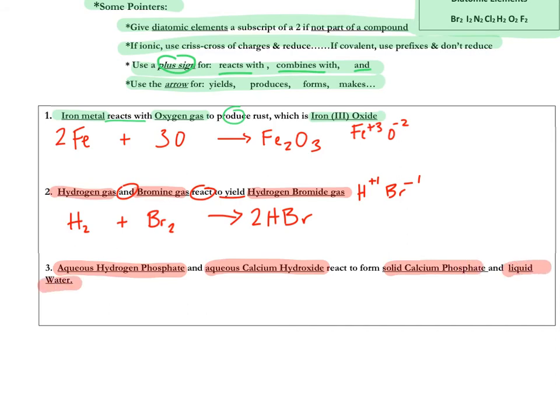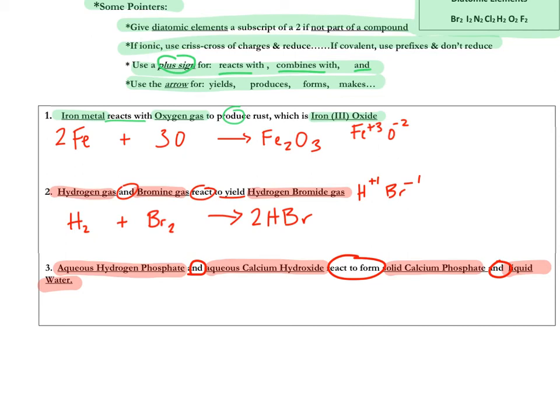And then I see words like aqueous hydrogen phosphate and then reacts to form, and then I see and. So I see words that mean that there's a plus sign. I see words that mean that there's an arrow.